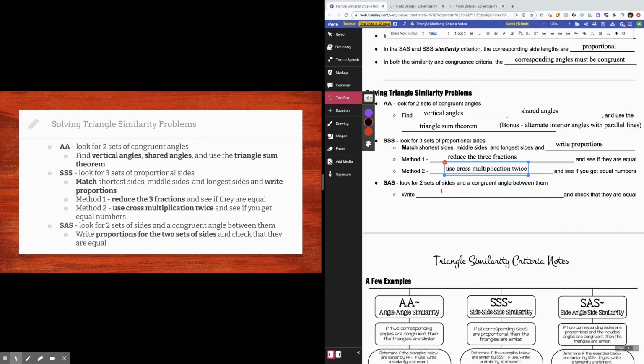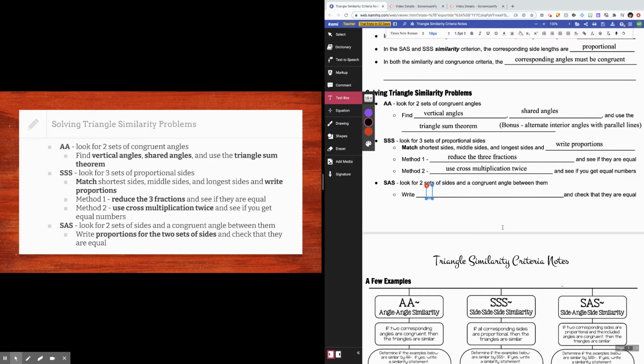For SAS, you're still looking for 2 sets of sides and a congruent angle that's stuck between them. So again, you can use the same methods that you use for SSS. It's just you don't have to use cross multiplication twice because there's only 2 pairs of sides that you're checking. You would only have to reduce 2 fractions instead of 3, right?